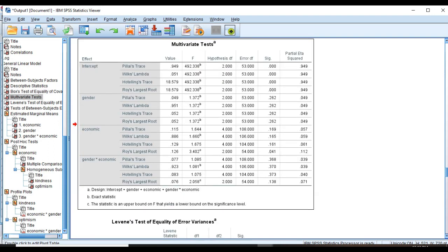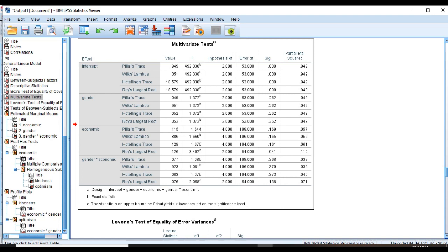So moving on to multivariate tests, we did not violate the first assumption for MANOVA. So we're going to interpret Pillai's trace. If we had violated the assumptions, then we could interpret Lambda.